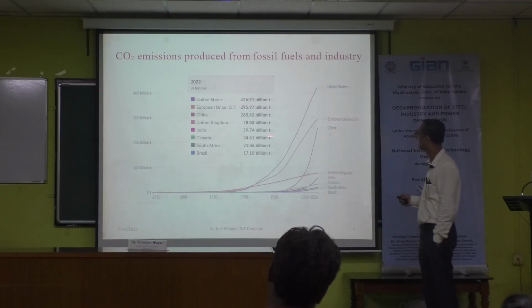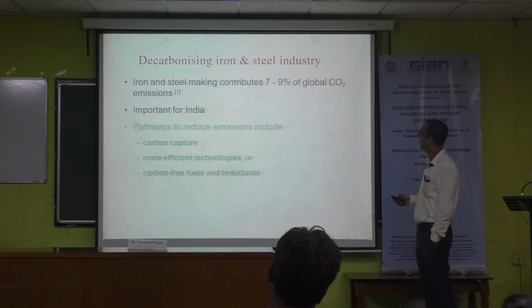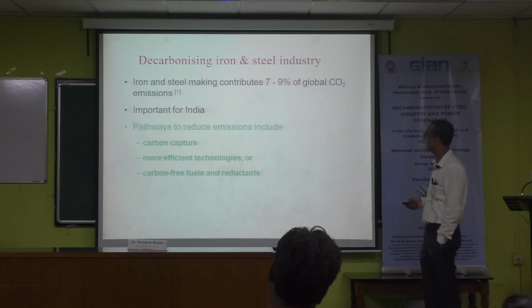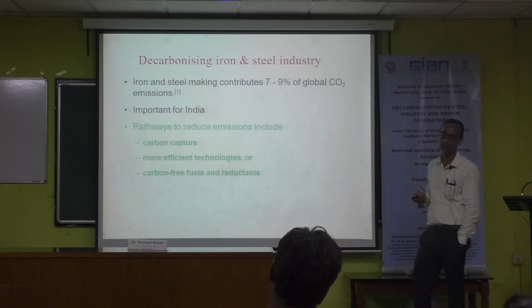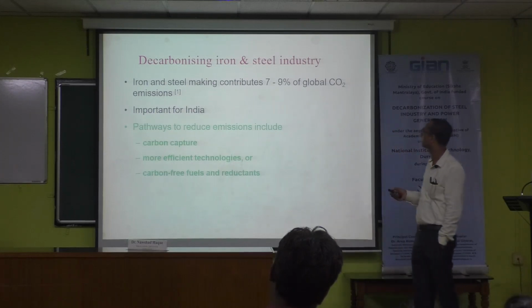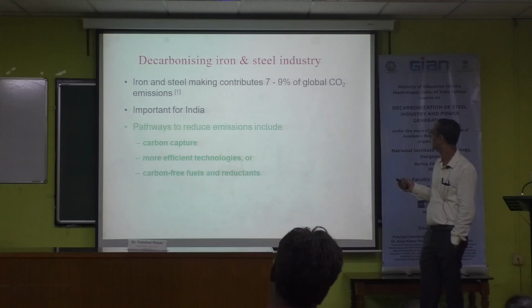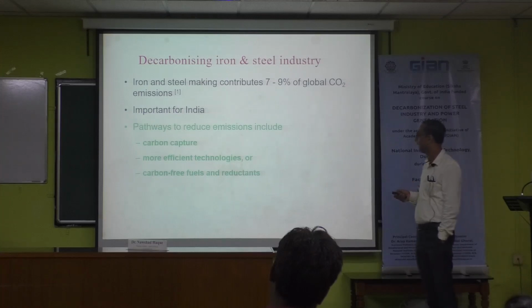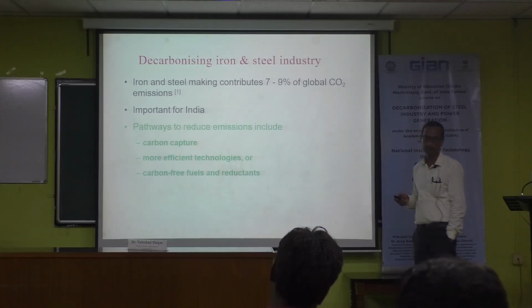In India, you can see 59% for the entire. So decarbonization in the iron and steel industry is required, because 7 to 9%, it varies; sometimes someone will tell you 7%, sometimes 9%. So on average 7 to 9% of the global CO2 emission. And why is it important for India?